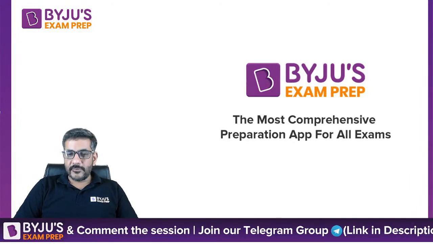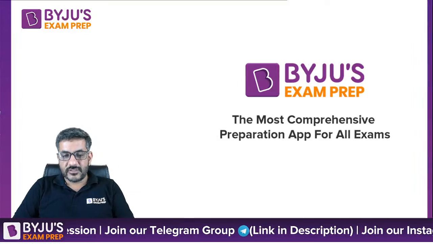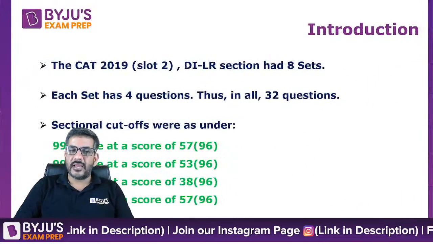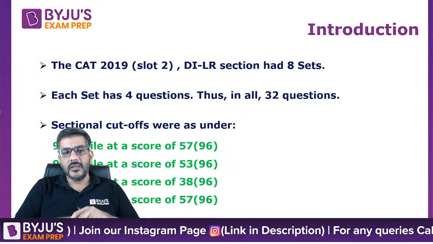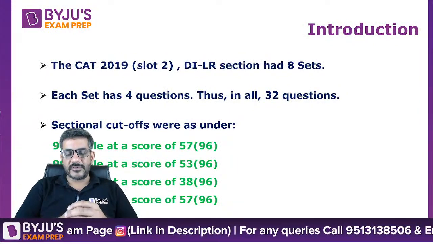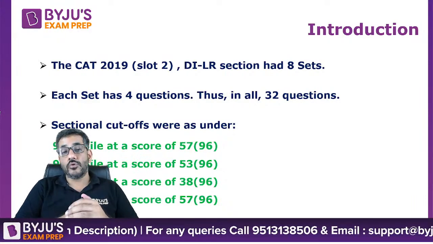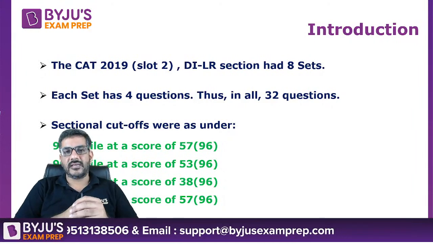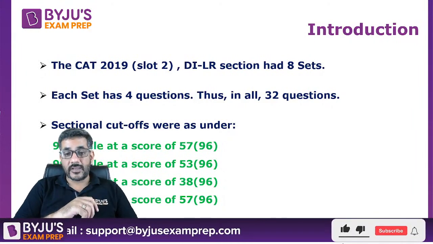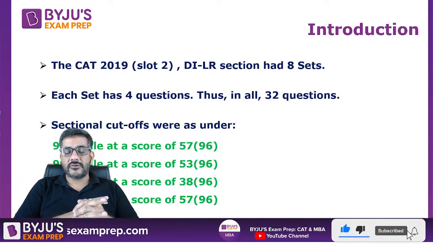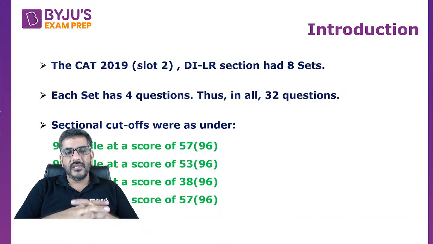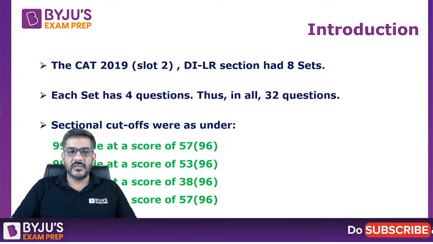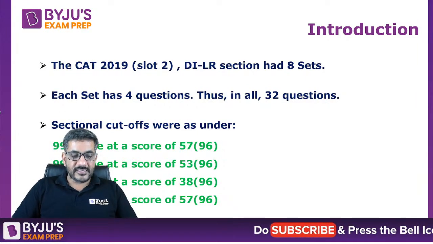I think we can start with our session straight away. So we are discussing slot 2 of CAT 2019. The first thing we need to know is at what score we had what kind of percentile. Of course, this is about those days when CAT used to have a specific format where there were 8 sets in each slot of LRDI. So 2019 slot 2 had 8 sets. Each set was of 4 questions, so in total there were 32 questions, each question of 3 marks. So ultimately the exam was of 96 marks.